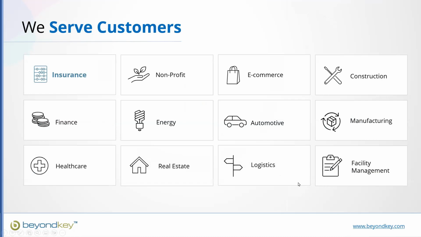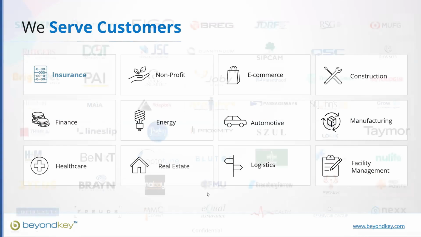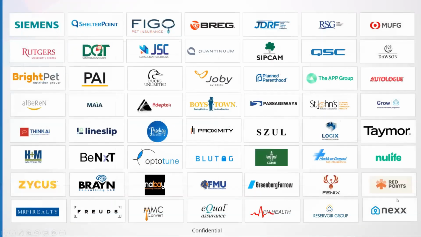We serve obviously customers in the insurance industry, but we also work with the nonprofit, e-commerce, construction, finance, energy, automotive, manufacturing, healthcare, real estate, logistics, and facility management customers as well, just to name a few key industries. I mentioned before that we work with over 200 plus clients on an ongoing basis. Here are just some of the companies we work with right now around the globe.